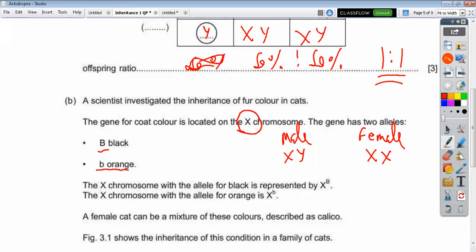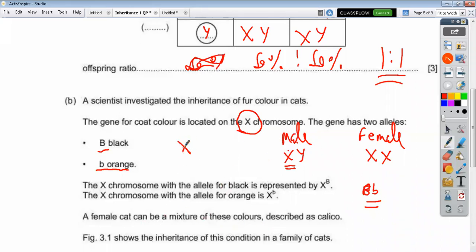Now, is it possible to have a BB on a male? Is it possible? It's not possible. Why? Because a male has only one X. So before we even read this, I want you to understand this.